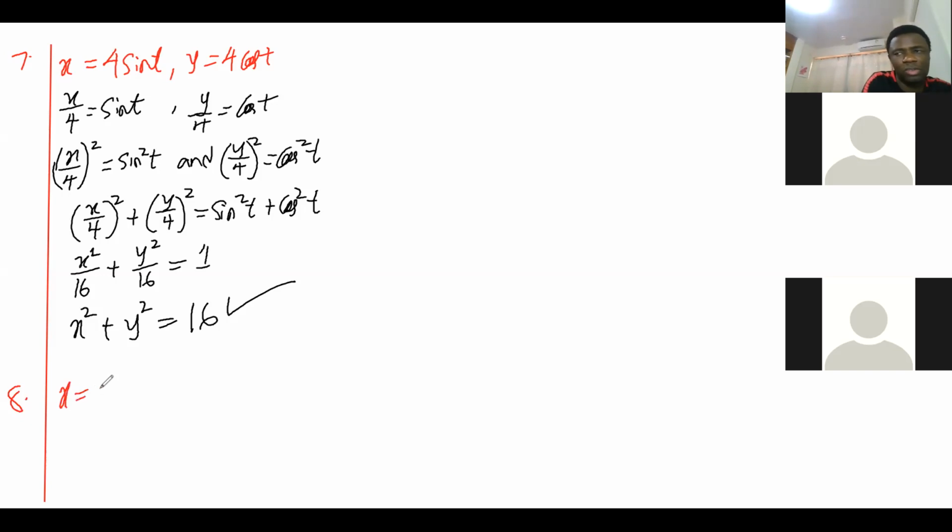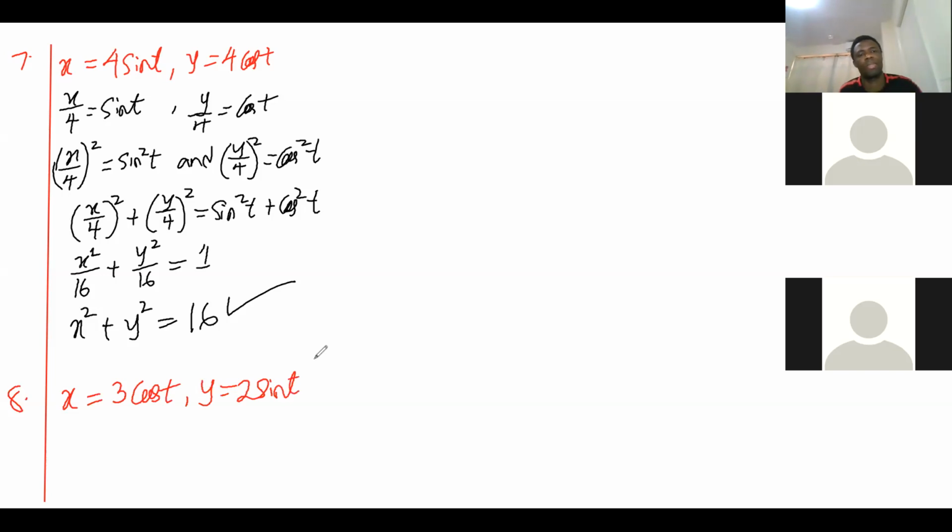So x equals 3 cos t, and y equals 2 sine t. Okay. Express it in that form, in the simplest form.